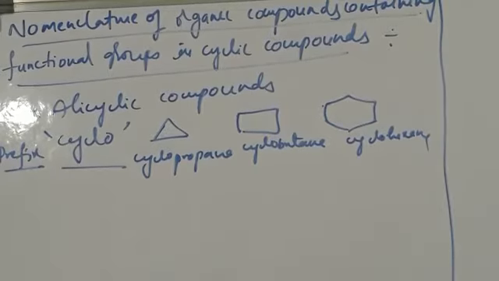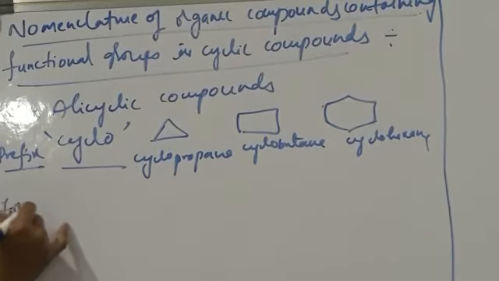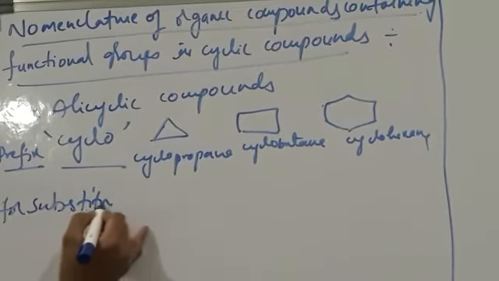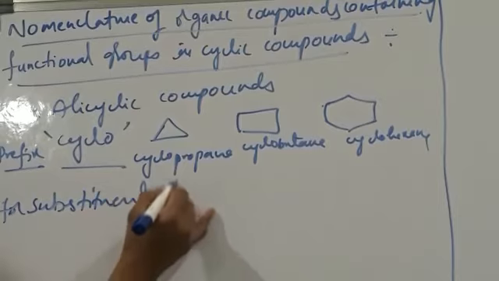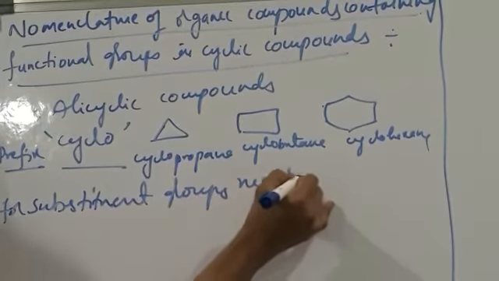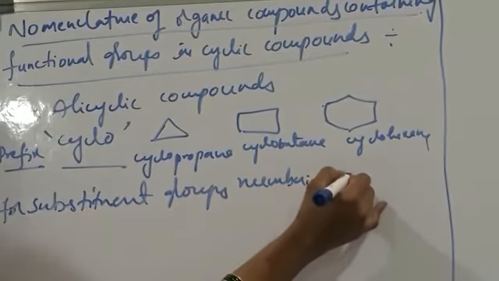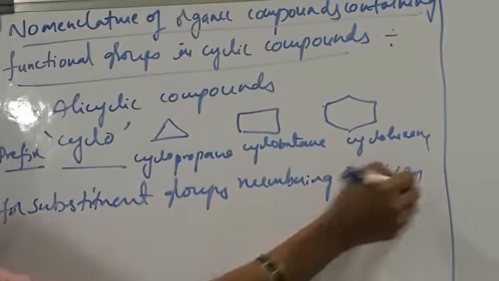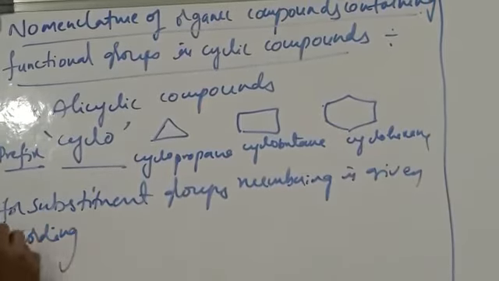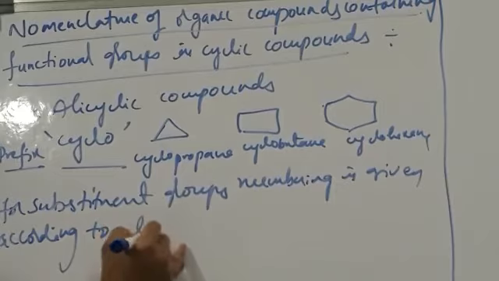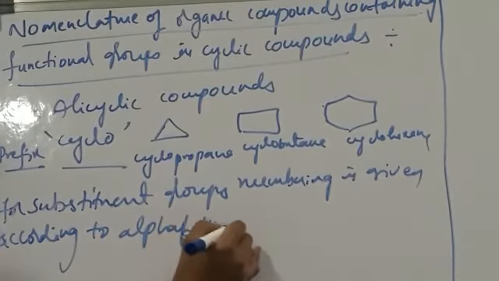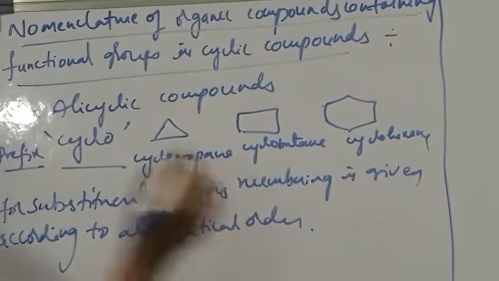So for substituent groups, numbering is given according to alphabetical order.